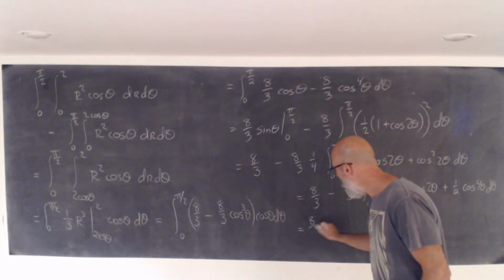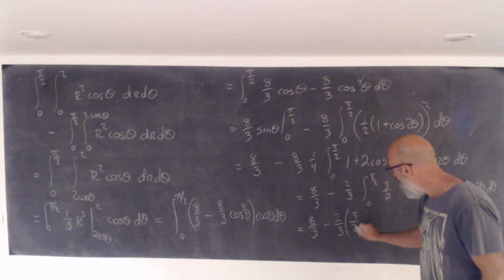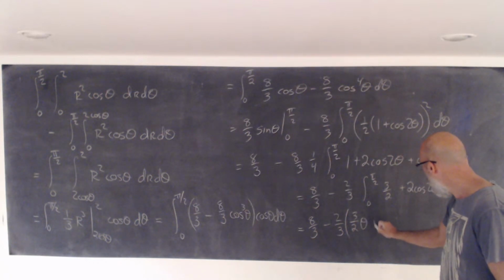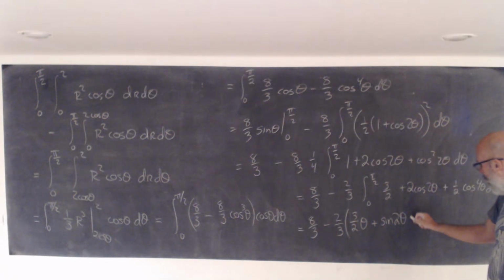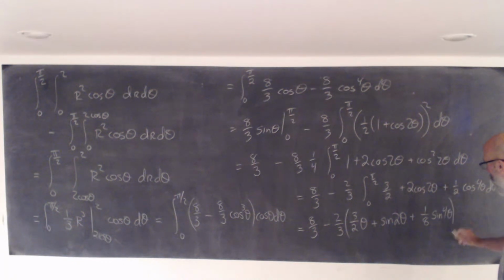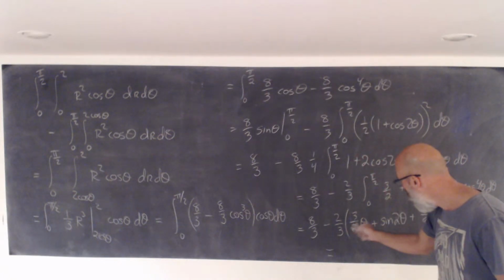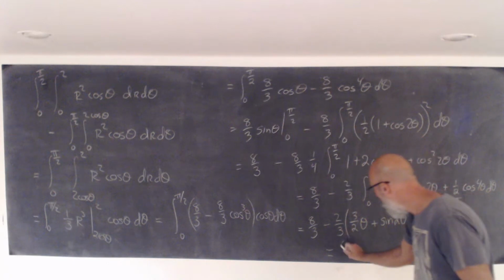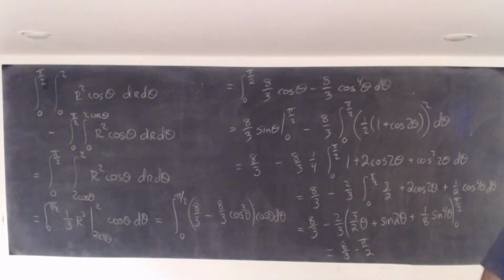Let's finish that up. 3 over 2 theta, sine of 2 theta, 1 over 8 sine of 4 theta between 0 and pi over 2. Sine of pi is 0, sine of 2 pi is 0, sine of 0 is 0. So these cancel out nicely, and we'll get an 8 over 3 minus pi over 2. I think. Anybody?